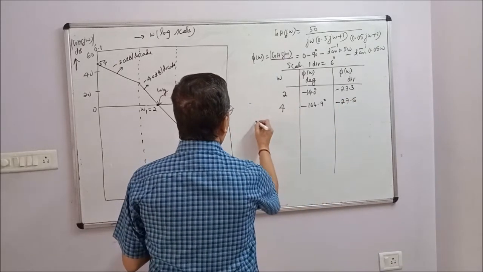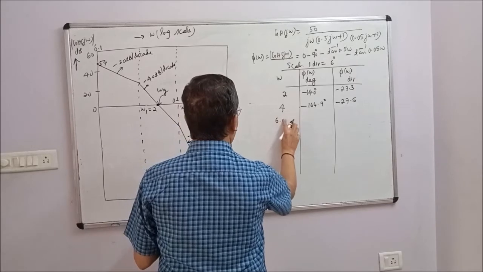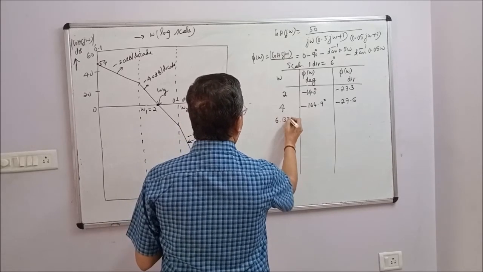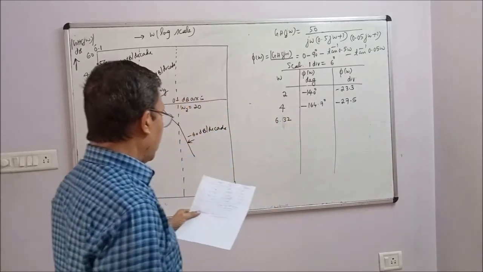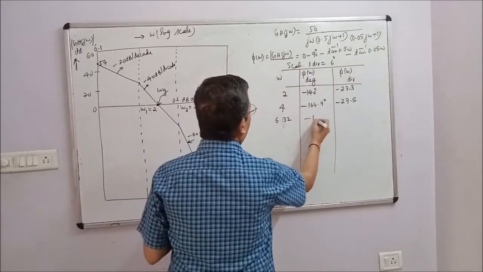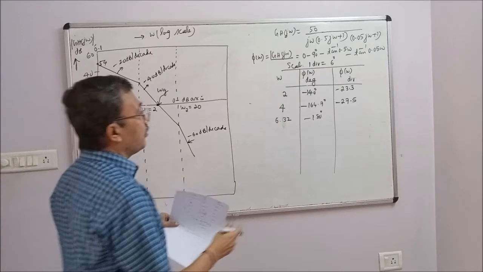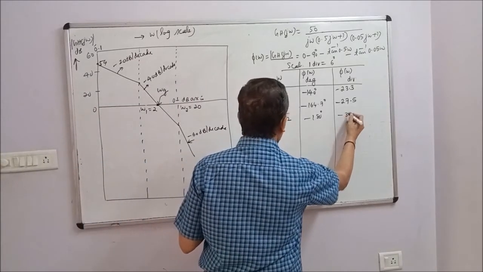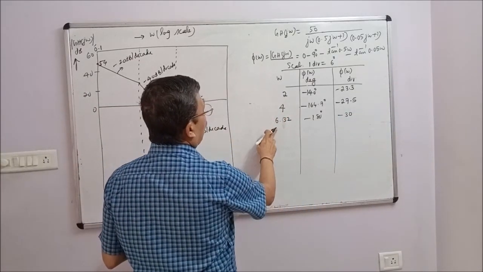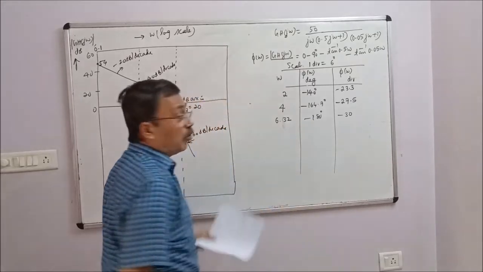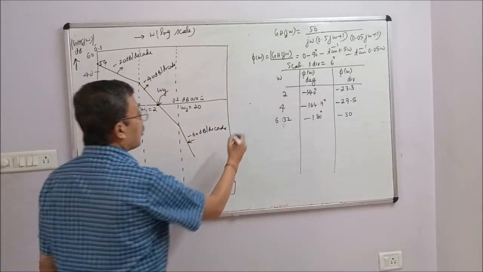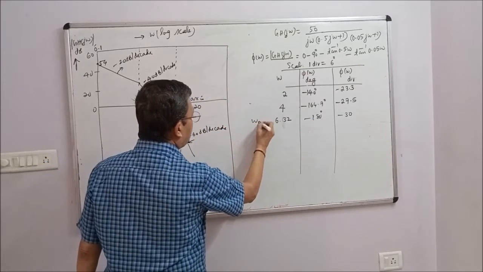When omega is 6.32, you will get an angle of minus 180 degrees. Minus 180 divided by 6 is minus 30 divisions. The value of omega when the angle phi of omega is minus 180 degrees is called omega p.